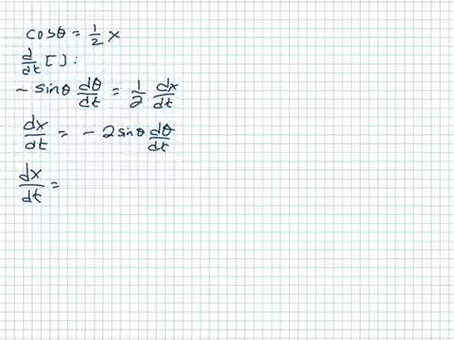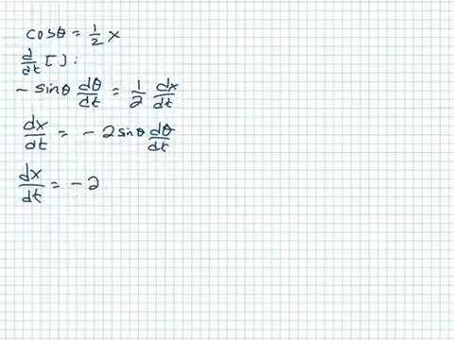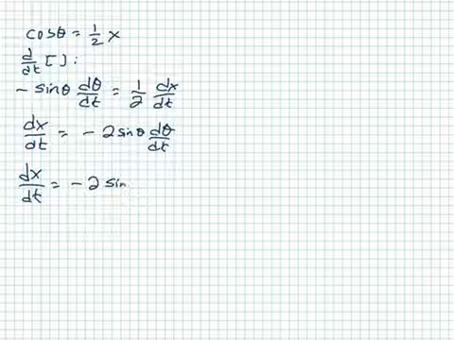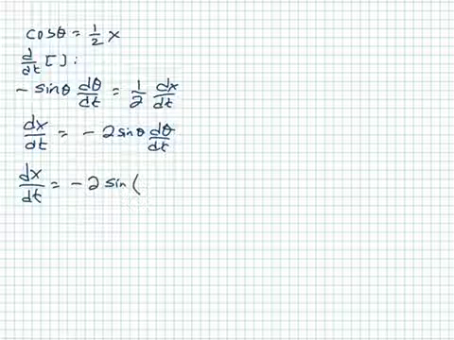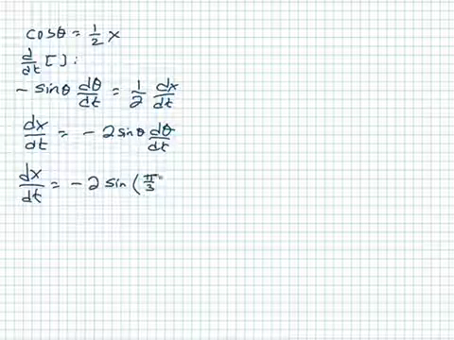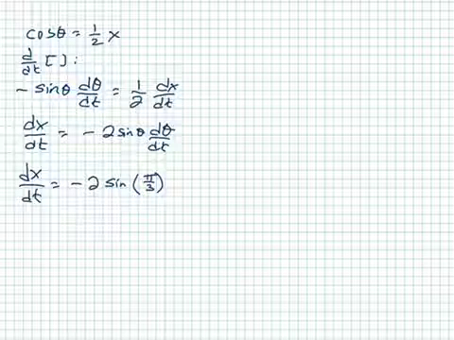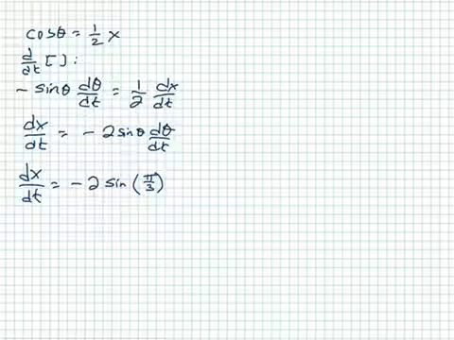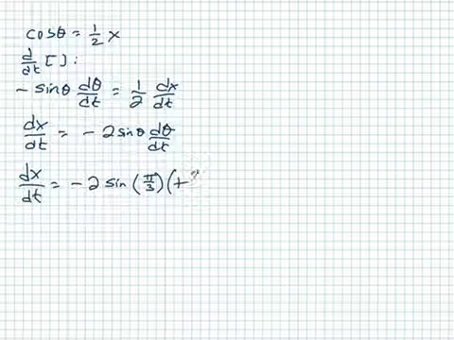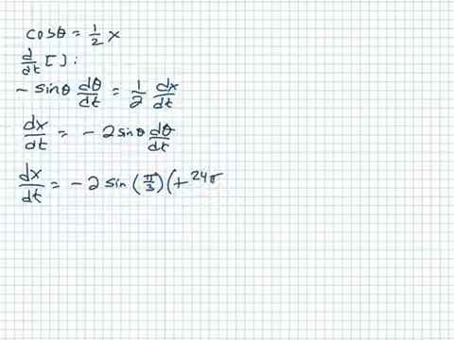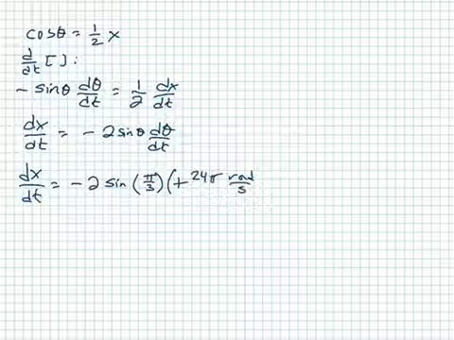And this problem is actually relatively simple because I don't have to go back to an earlier step to find anything. So I've got minus 2, and then my theta value that I'm being asked to find is pi over 3, which is 60 degrees. But remember, you have to put the radians in. And then d theta/dt was plus 24 pi radians per second.